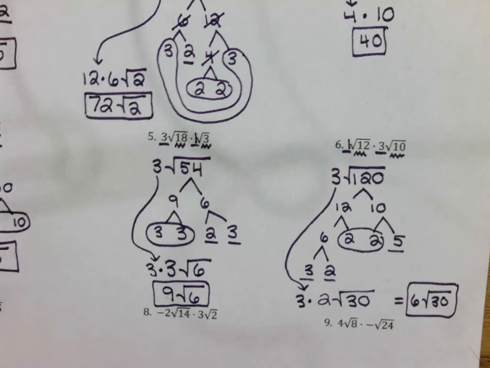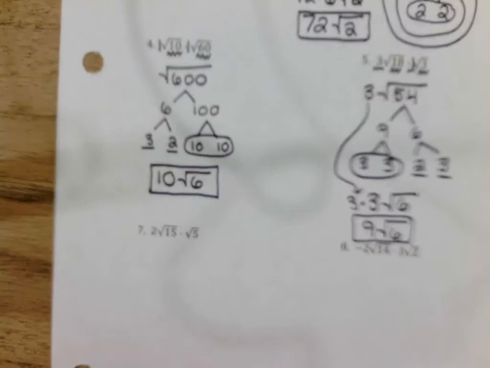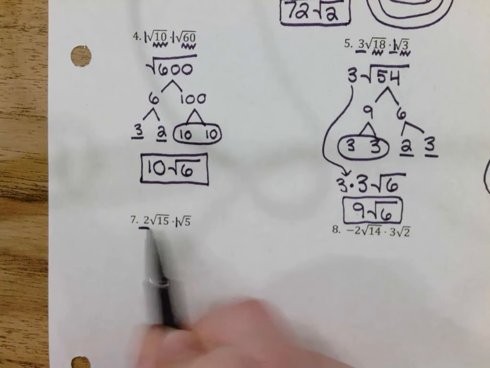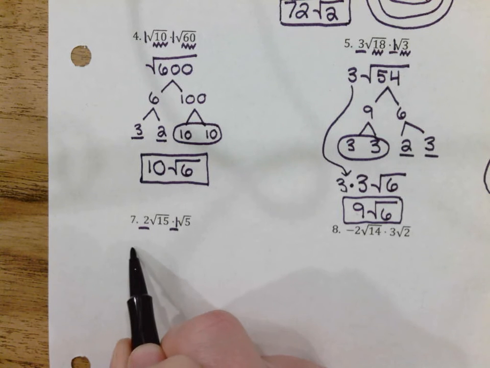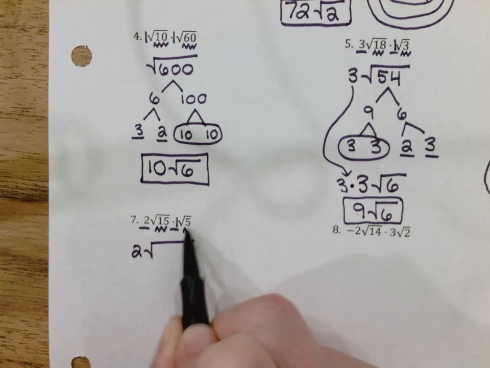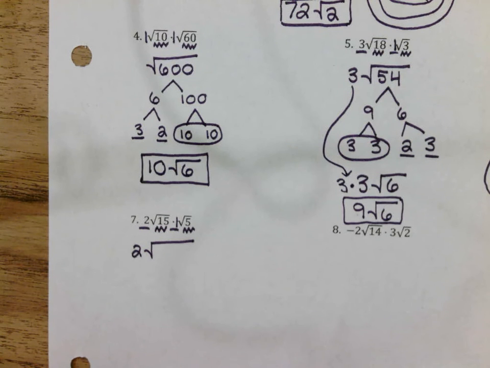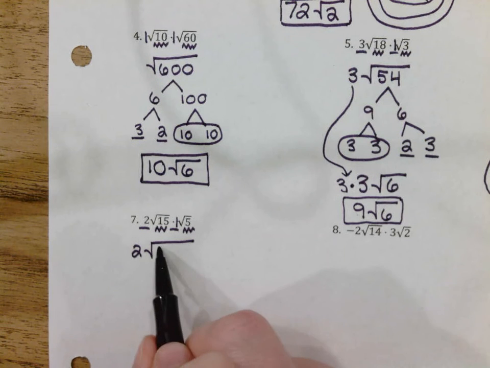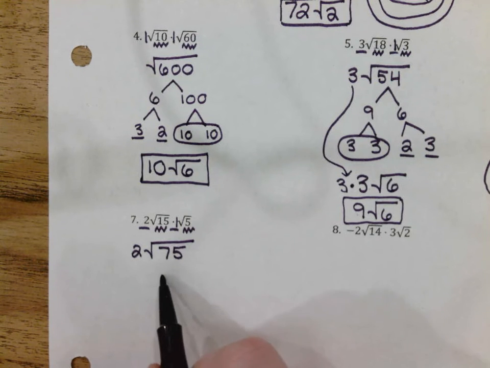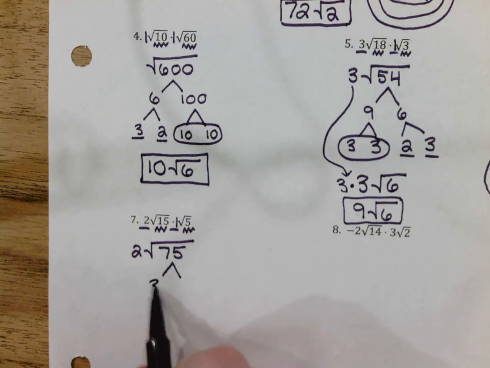And then let's see, down here we have a few more. So for this one, again, I'll multiply my outside numbers. So 2 times 1 is 2. 15 times 5, let's see, I think that's 75. And then we can break that down. If you think about quarters, we know that's 3/4, so 3 times 25.